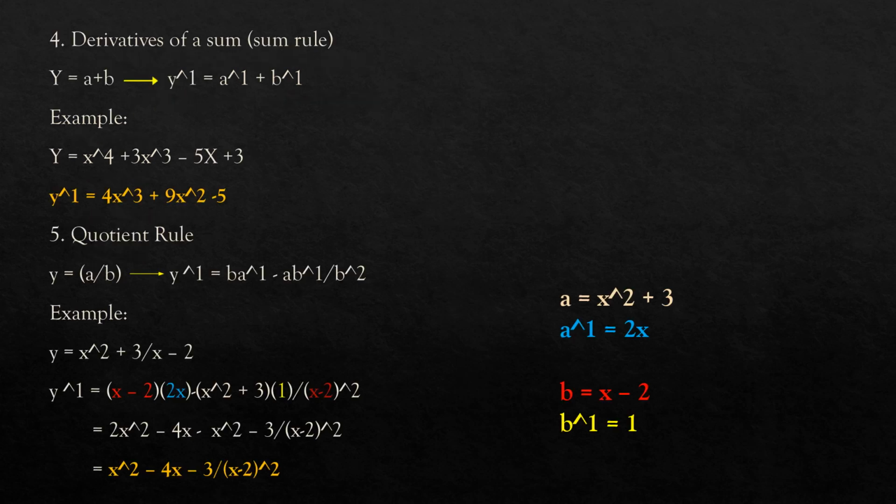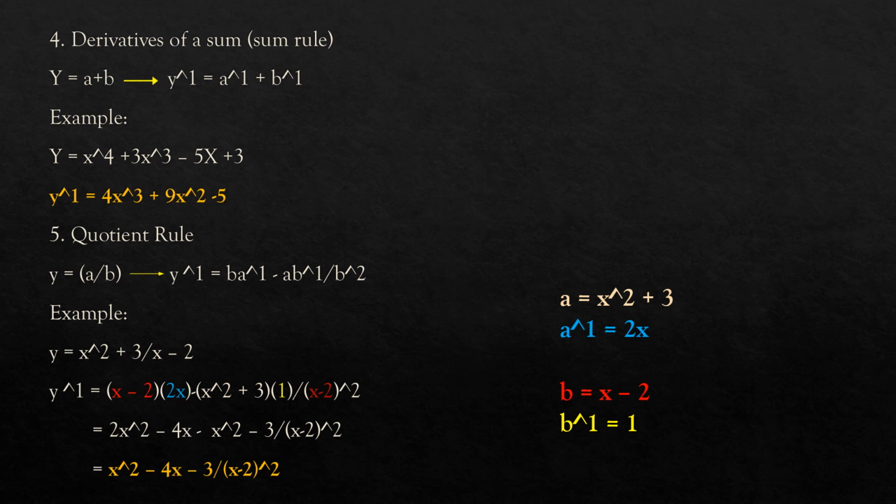Okay, next we have the derivative of a sum, or the sum rule. So here y equals a plus b, and the derivative will be the derivative of a plus the derivative of b. Say for example, y equals x raised to 4 plus 3x raised to 3 minus 5x plus c.